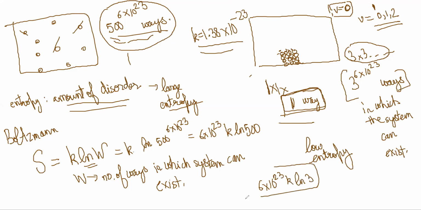So clearly this entropy is coming lower than this entropy. And this 10 power minus 23 cancels this factor when you multiply, so you get a value for entropy. Now think of what happens when there was only one way. ln 1 becomes 0, no?